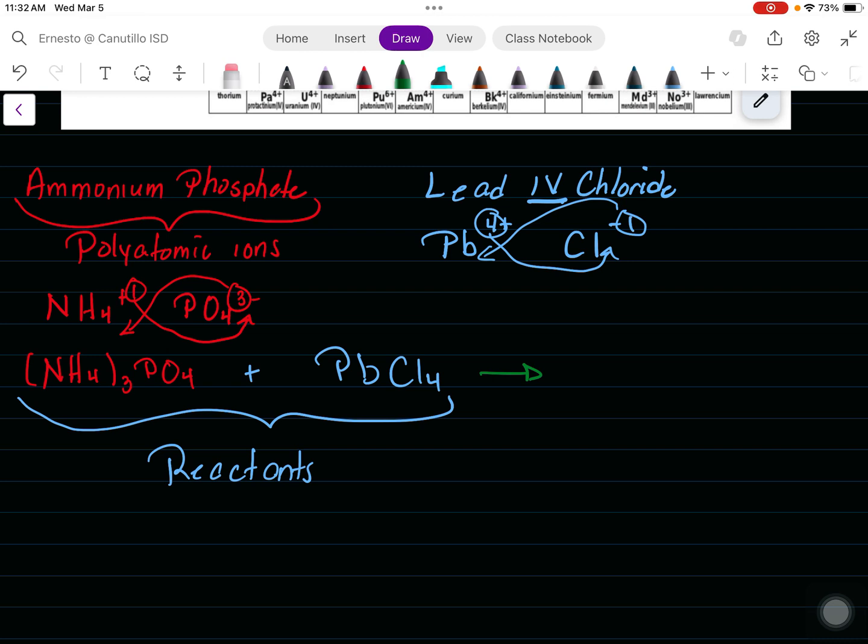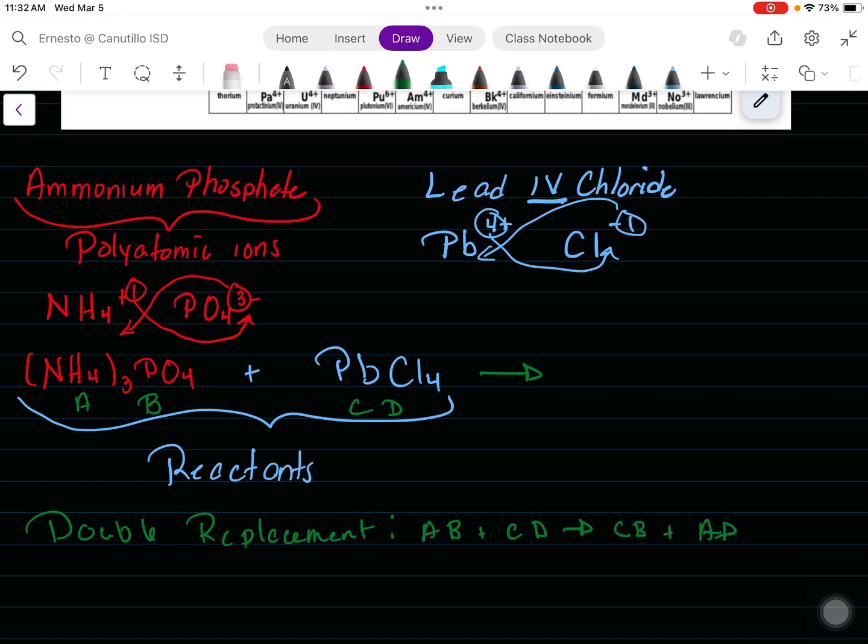Now, what are the products and how do you figure those out? Well, I can see based on the compounds here that this is a compound AB and this is CD. So this tells me that I'm going to have a double replacement reaction. Double replacement reaction says that AB plus CD produces CB plus AD.